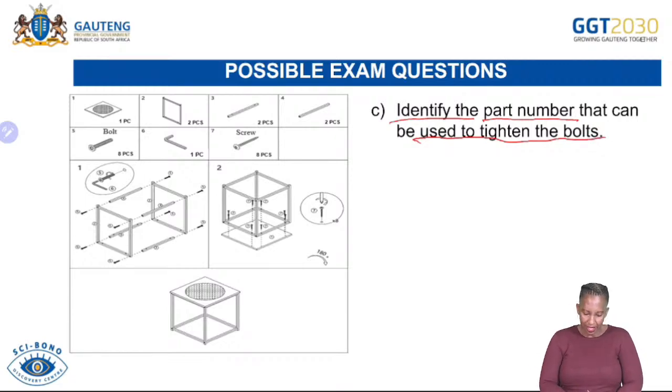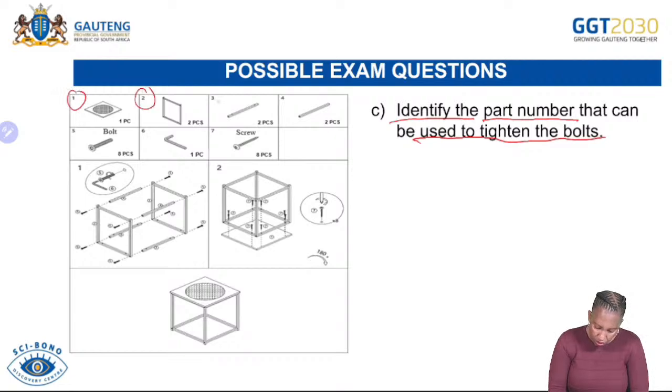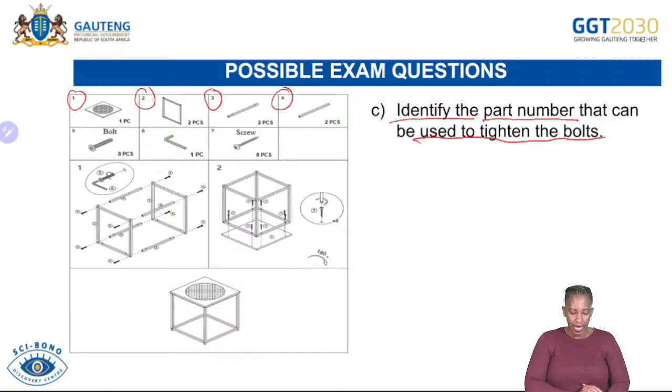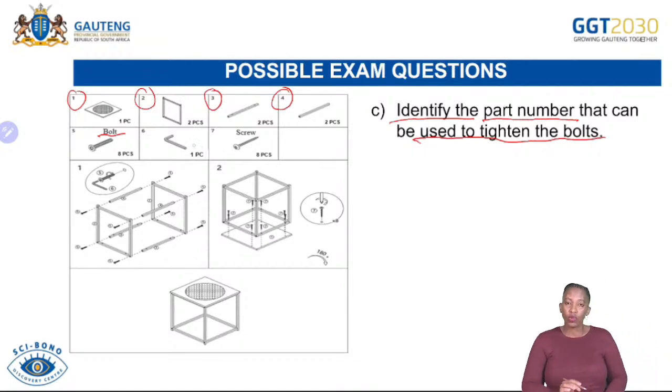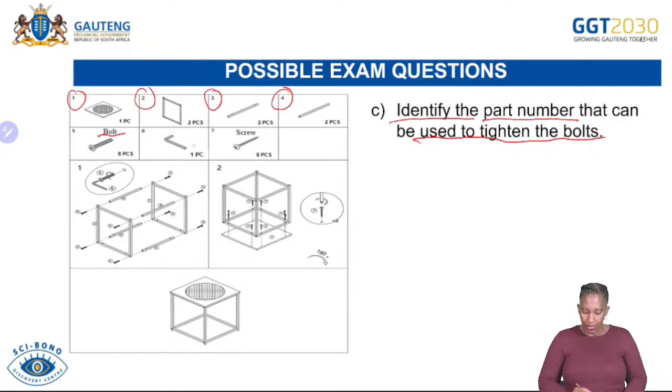So looking at this, remember these top parts, number 1, 2, 3, and 4, those are the wooden parts. And then we've got number 5, the bolts. Number 6 is the Allen key. And the Allen key, we use it now to do what? To tighten the bolts. And then we've got the screws.